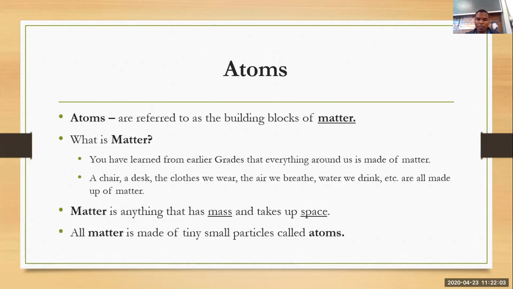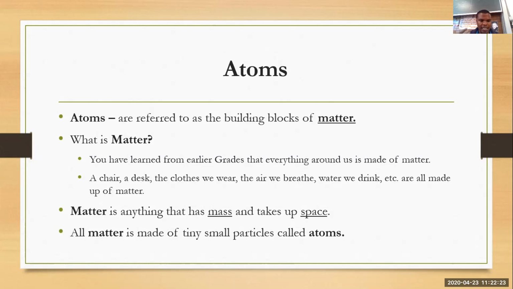All matter is made up of tiny particles called atoms. Now that's where we are getting to. All matter, all types of matter, is matter that has got mass and space. This includes the food that you eat and the oxygen that you breathe.